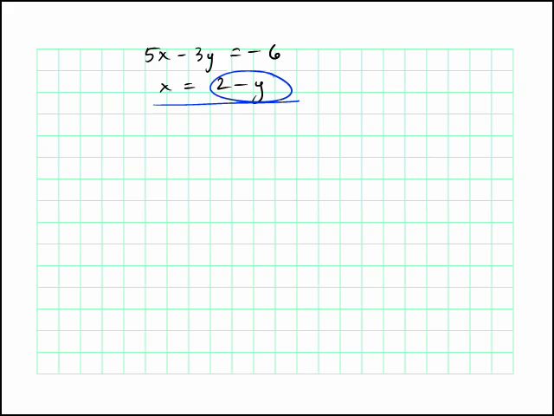So I'm going to take the other equation, rewriting it, and since x equals 2 minus y, I will replace this x with what it's equal to, 2 minus y. Notice that in the previous two examples we replaced y, but in this case we're replacing x.